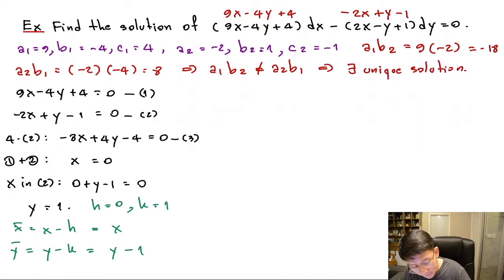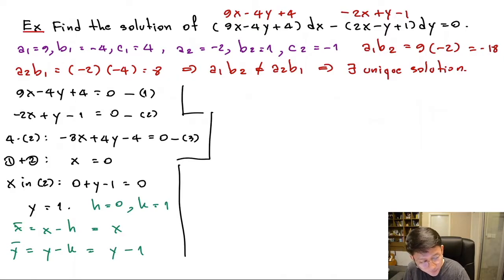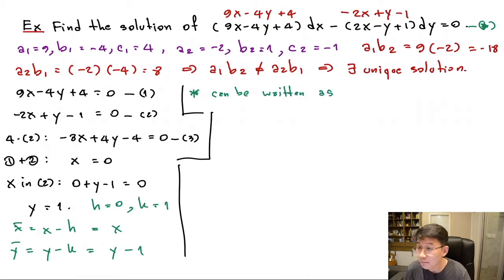So I have that the equation star can be written as what? Just substitute x with x bar, y with y bar, and you just get rid of c1 and c2, right?